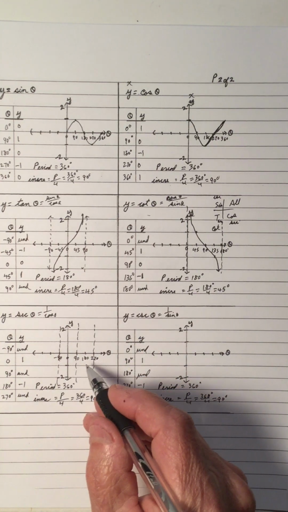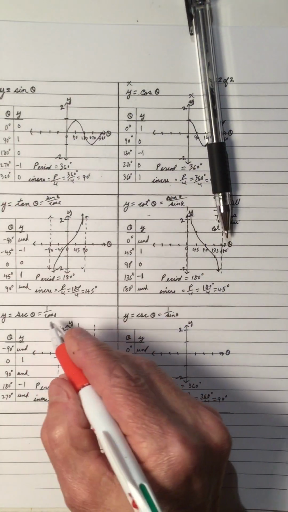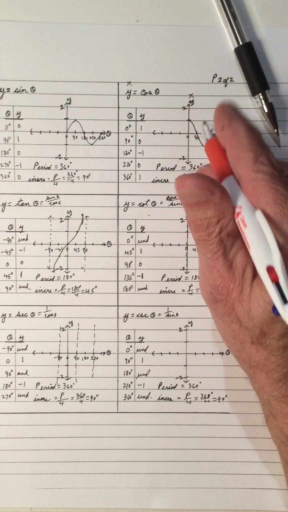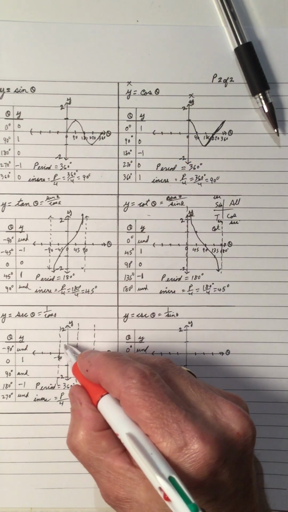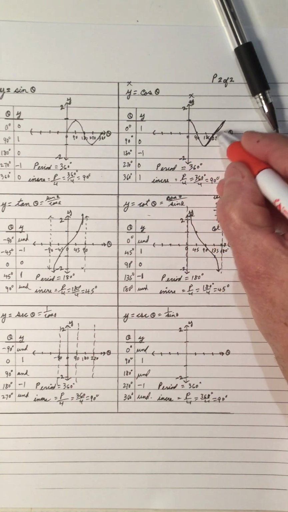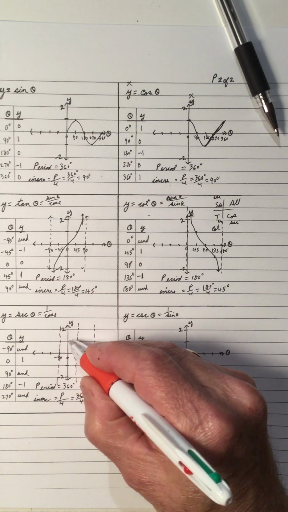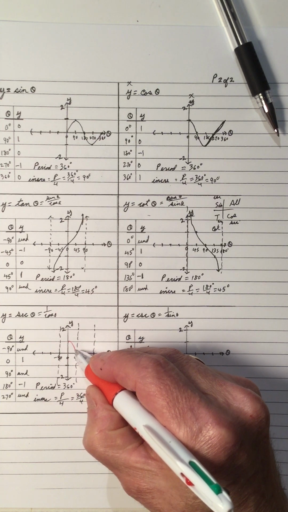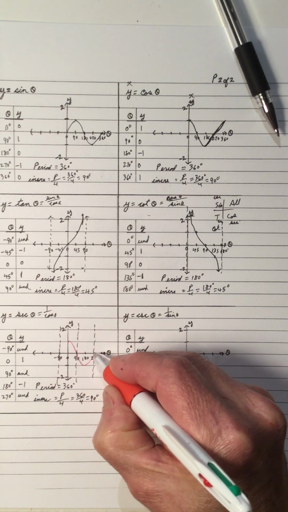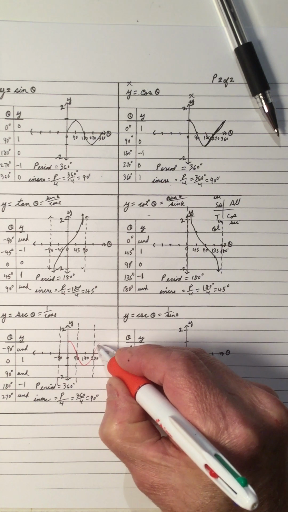And what happens is that cos is this graph here. If you take this graph right here and draw it, here's the cos graph doing this, and that continues on.